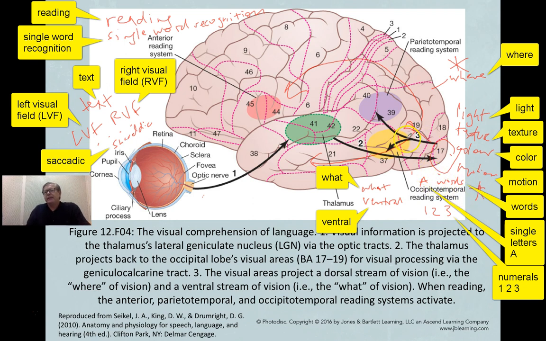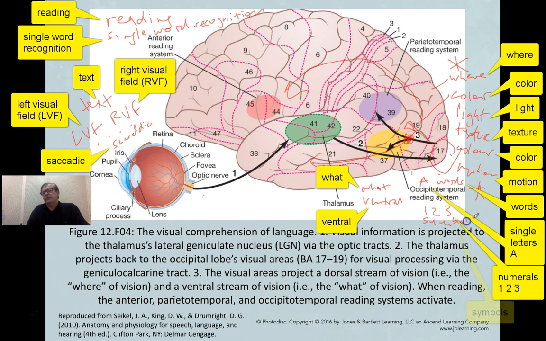Another interesting fact about this region that I want to point out is that Area 19 is specialized for color vision. That's processing the colors of the visual input. Now, if you notice here in this yellowy area, where we think the occipitotemporal reading system begins, let's say around about here, there's a junction so that the color recognition area of the occipital lobe meets the area where we start to recognize shapes, symbols like letters and numbers.